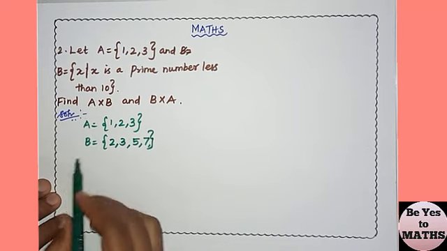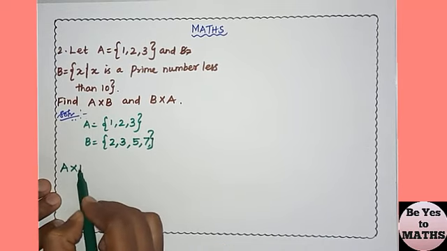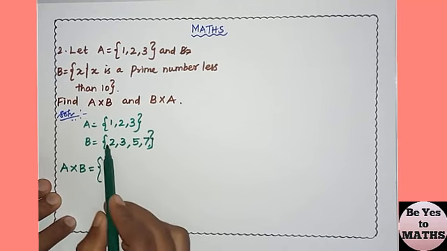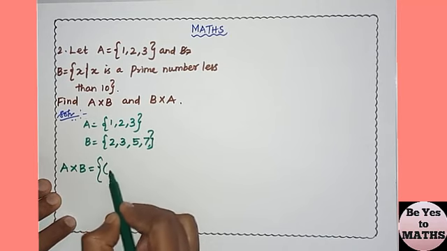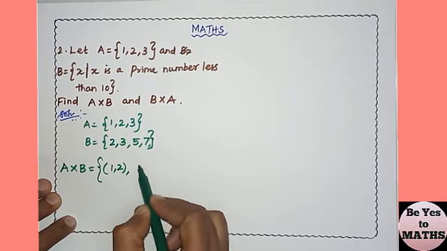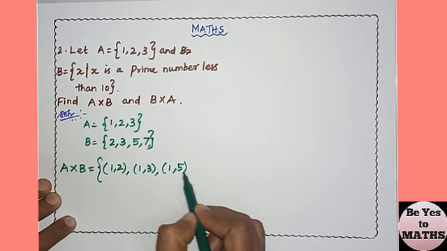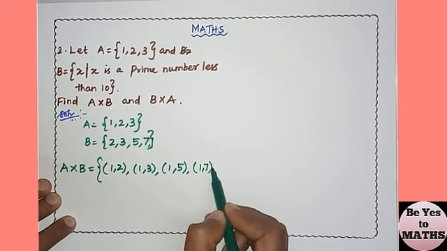Now we have to find out A cross B. So take element 1 from set A and pair with all the elements in B. So 1 comma 2, 1 comma 3, 1 comma 5, 1 comma 7.